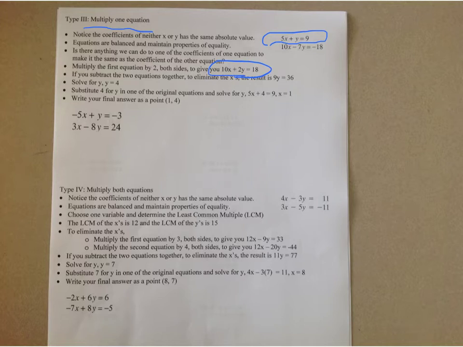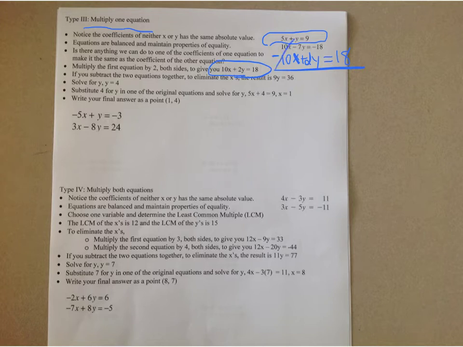And then what happens is you're left with 10x minus 7y equals negative 18 and 10x plus 2y equals 18. You have to think to yourself, should I add or subtract to get rid of my x values? And of course you subtract.